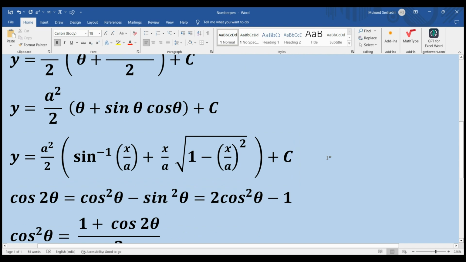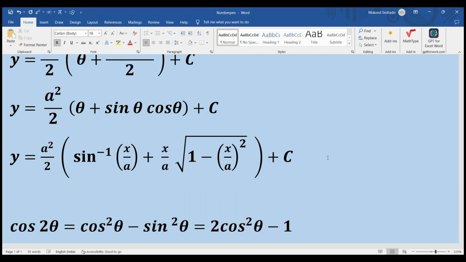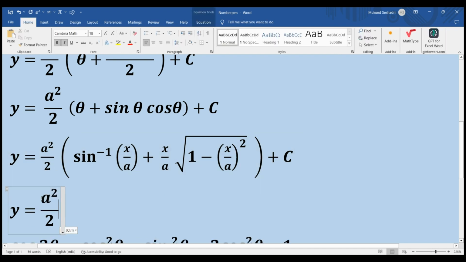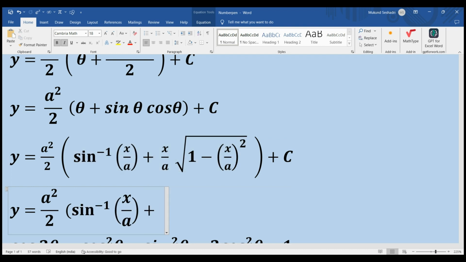I go to the next line and I can express my final answer as follows. We are more or less done. I don't think we can do any major simplification here except for the part inside the square root. So my first part is sine inverse of x by a, which I write as it is. And then I come to my second part.